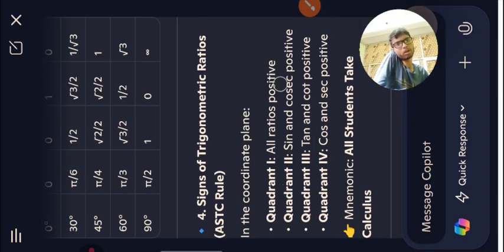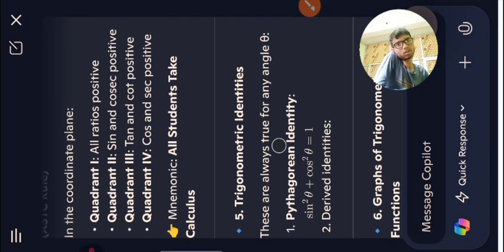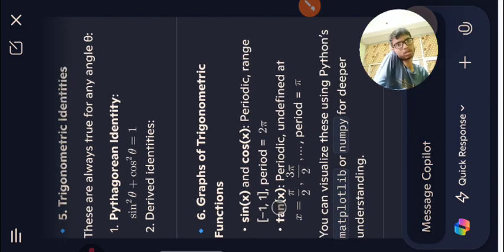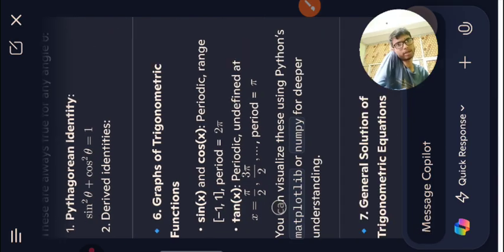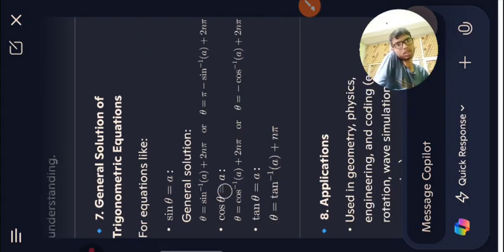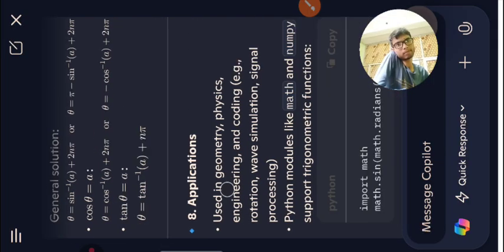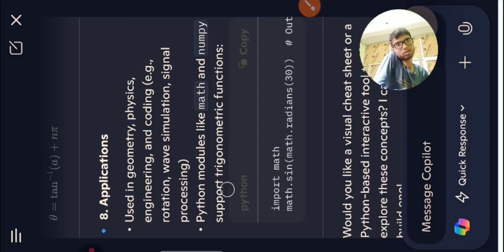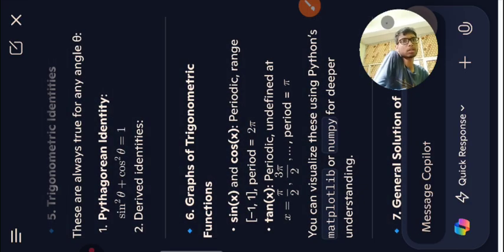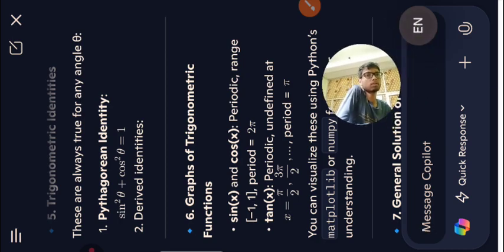Quadrant 1, all ratios positive. Quadrant 2, sine and... okay, this was something else. Then this formula. Then graphs of trigonometric functions, general solution, applications. Wow, it gave us something different from our discussion.